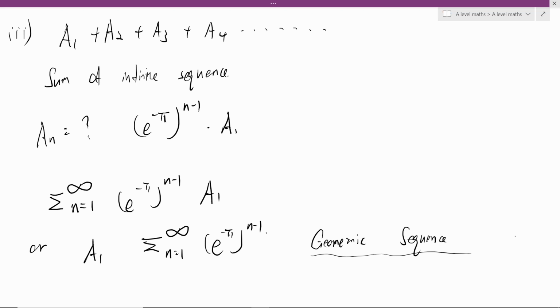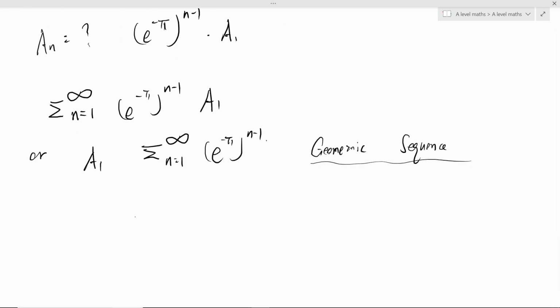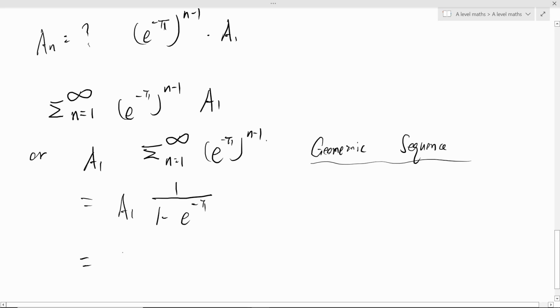Right. We know there is a summation formula for a geometric sequence, especially when e to the minus pi is less than 1. We know that the infinite sum will converge. Sorry, that is 1 over 1 minus e to the minus pi. And that is a half e to the minus pi plus 1 over 1 minus e to the minus pi.